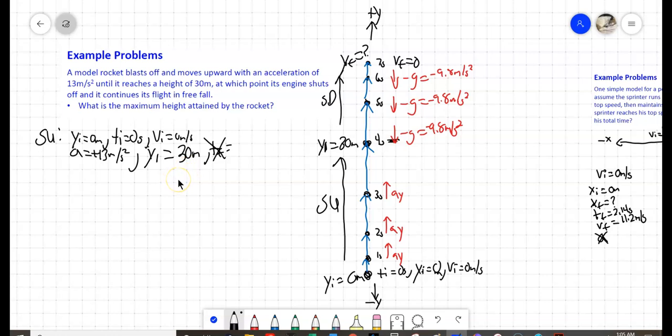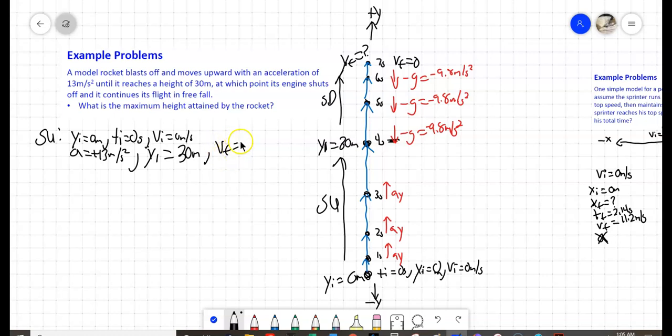Eventually we're going to solve for the height that it gets to. We don't know its final velocity, and we don't know its time. So maybe we'll play with it and see what we have.